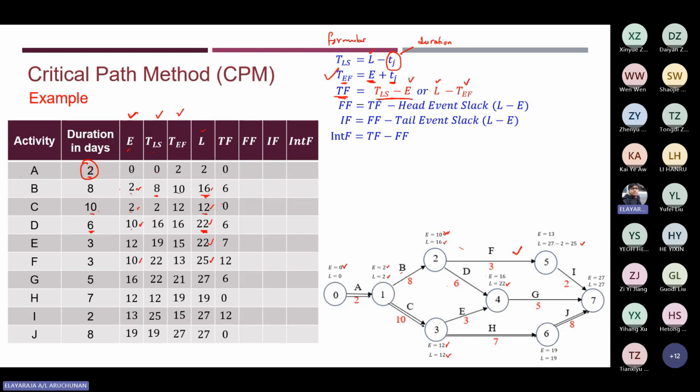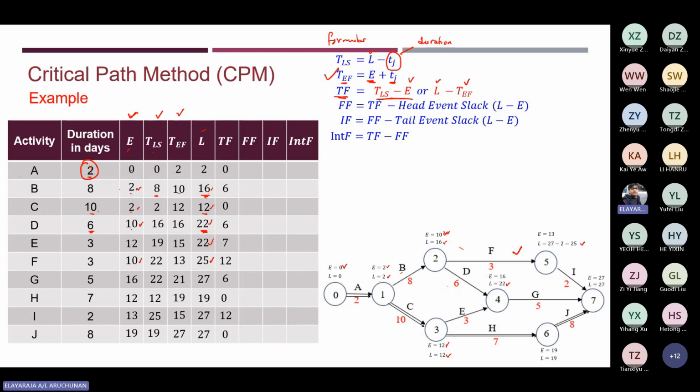So all the 0 values at that float mean you cannot relax at this critical part. You cannot take a day extra in order to complete the project. If you do so, the entire project completion will be affected.